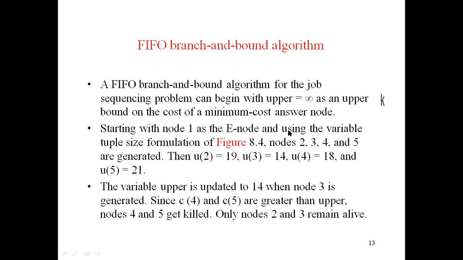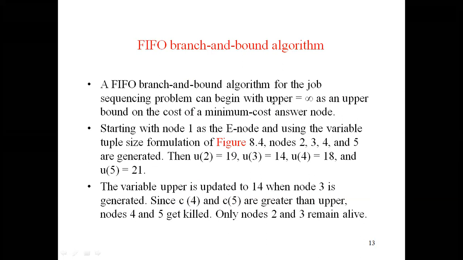Now the FIFO branch and bound algorithm. A FIFO branch and bound algorithm for the job sequencing problem can begin with upper equal to infinity as an upper bound on the cost of a minimum cost answer node. So we are taking the upper bound in the initial case as infinity.